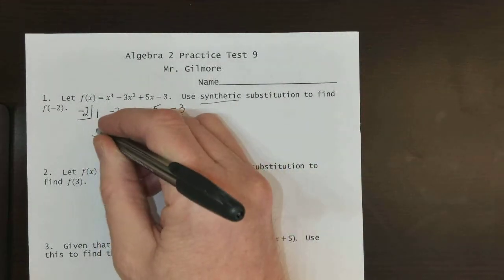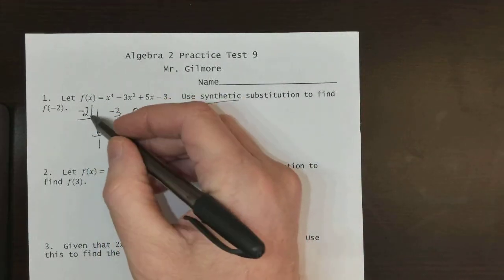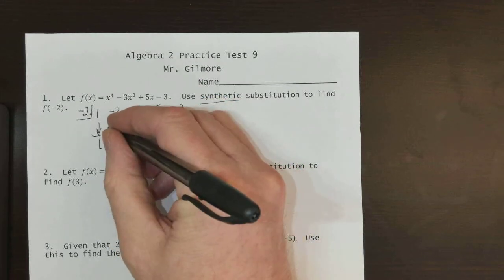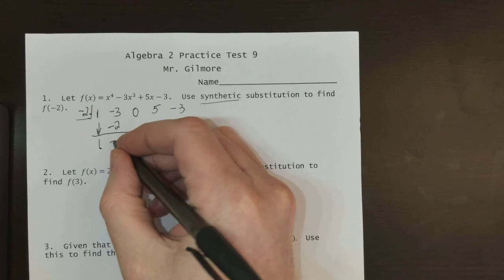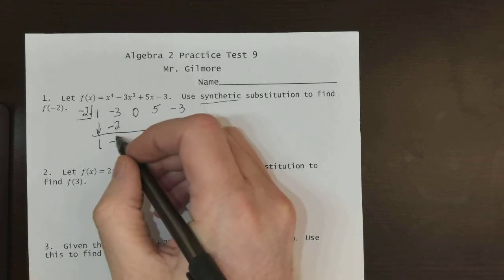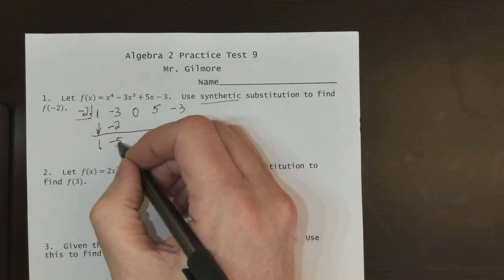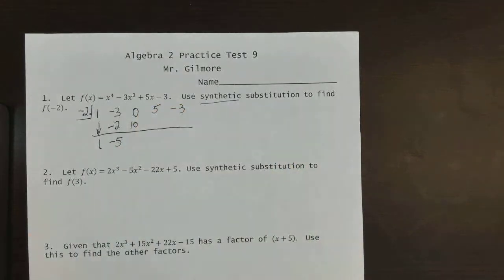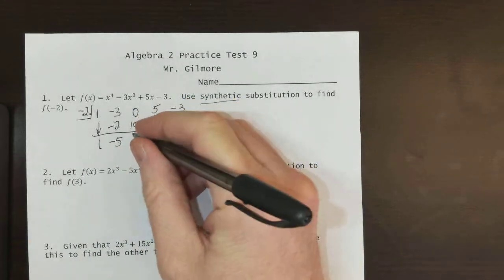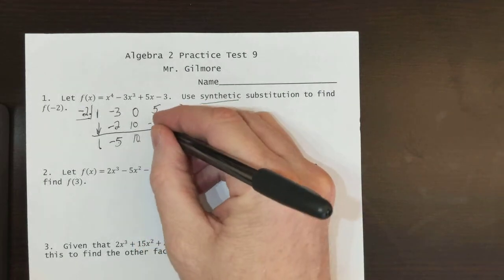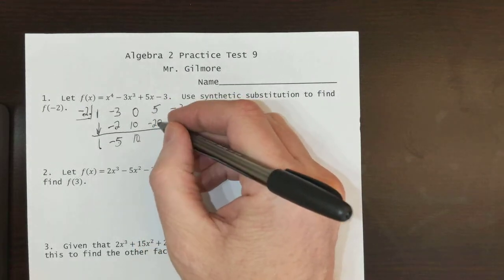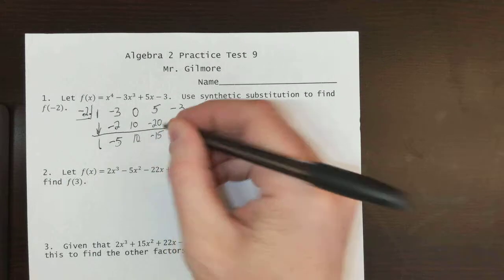And draw my line. Bring the 1 below the line. Negative 2 times 1 is negative 2. Bring it up here above the line. Add. Negative 3 plus negative 2 is negative 5. Negative 2 times negative 5 is positive 10. 0 plus 10 is 10. Negative 2 times 10 is negative 20. 5 plus negative 20 is negative 15.